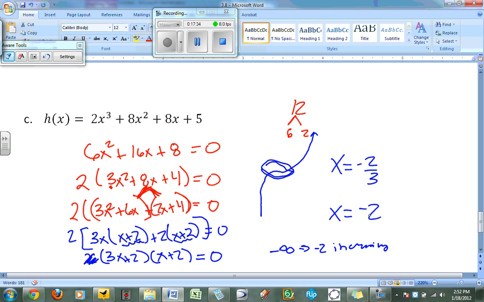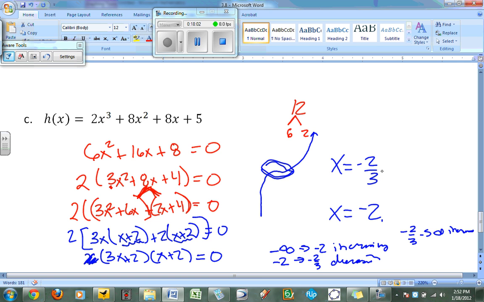So once it gets to this critical point, it's going to go from increasing to decreasing. So from negative 2 up until we get to the next critical point, which is negative 2/3, it is decreasing. And then obviously from our graph, from negative 2/3 on to infinity, it was increasing. I'll pull that graph up and show you. So it's increasing.